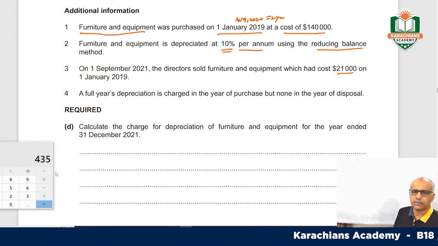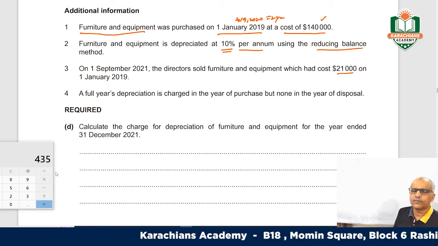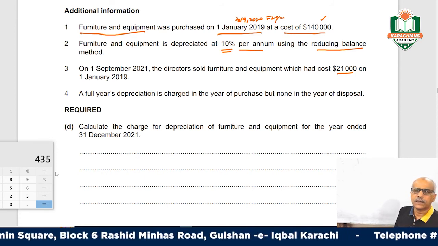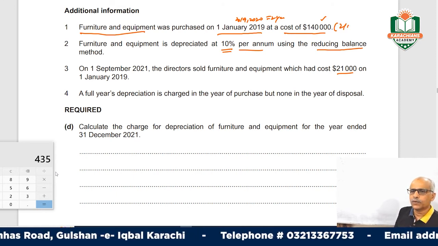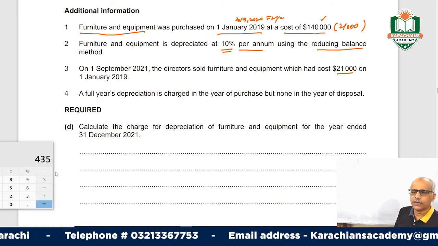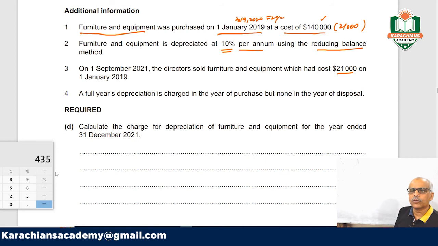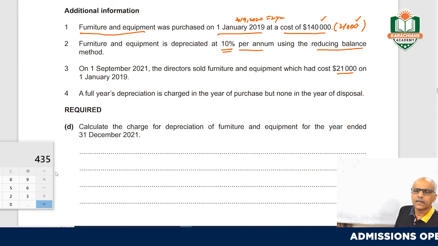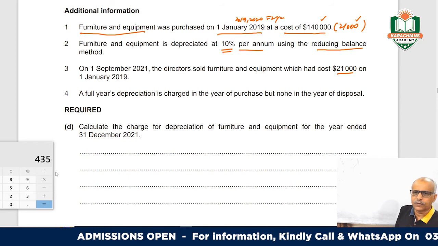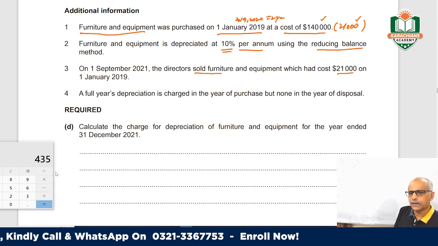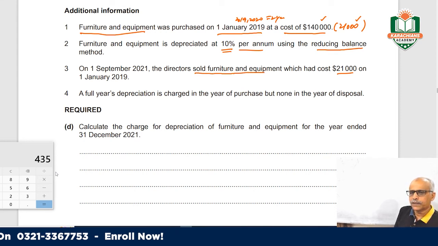Actually, you bought 140,000 of different equipments, and in this 140,000 there was one equipment whose cost was 21,000, which they sold in September.